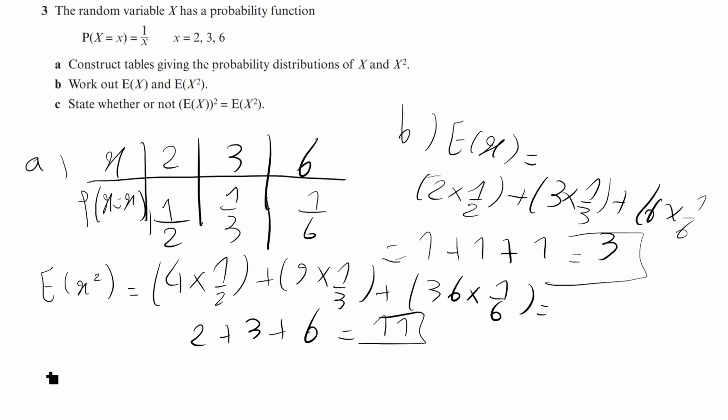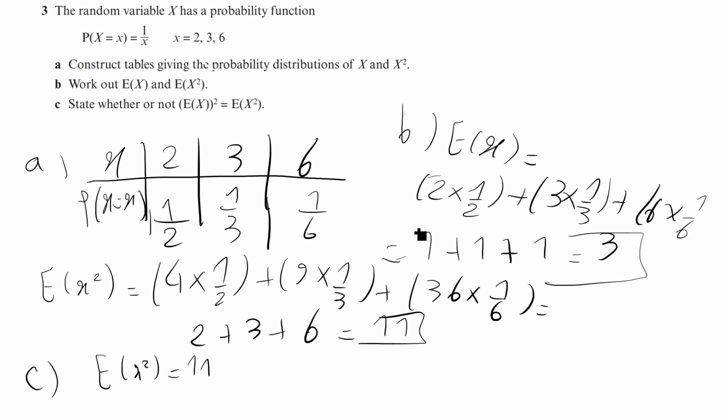And now part C, which is asking to state whether or not E of x squared is equal to E of x squared. So we've already found the value of E of x squared, which is 11. And now it's asking to check if E of x squared is equal to this value.